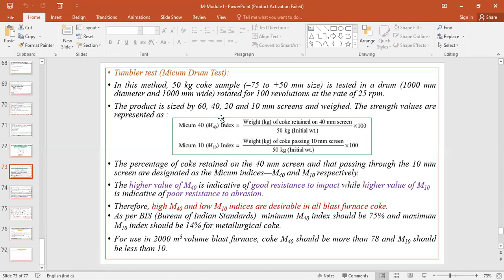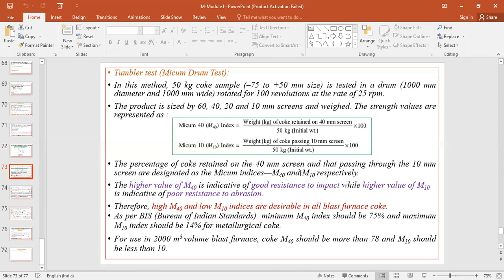Means whatever value you get here, if you get a high value of M40 and a low value of M10, that is most desirable.